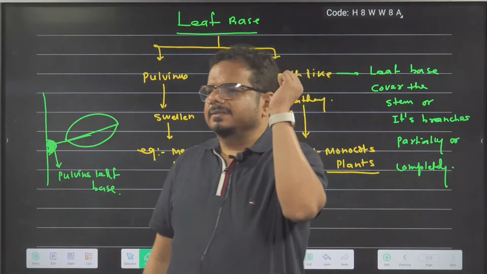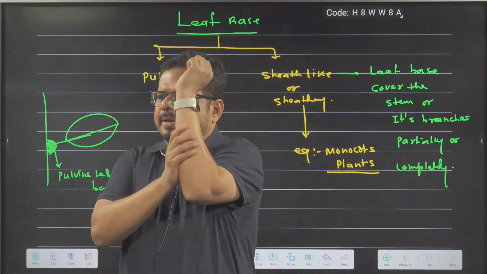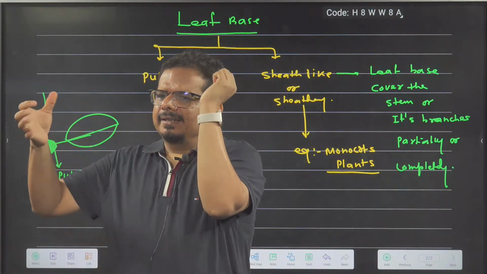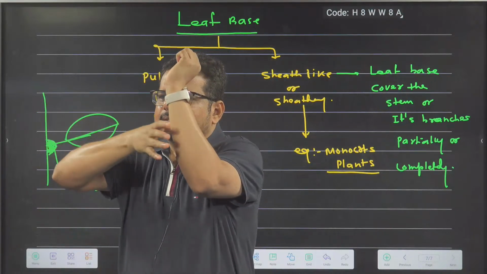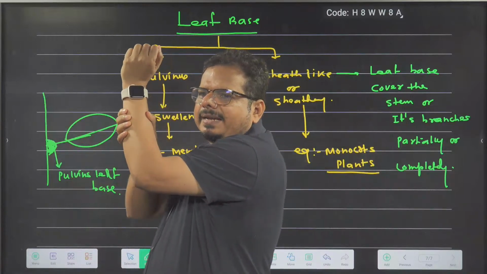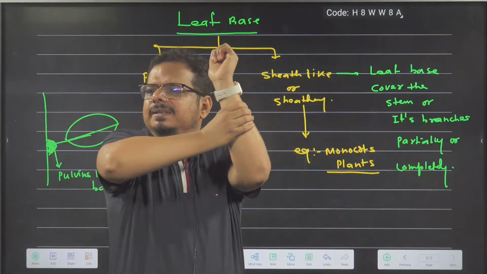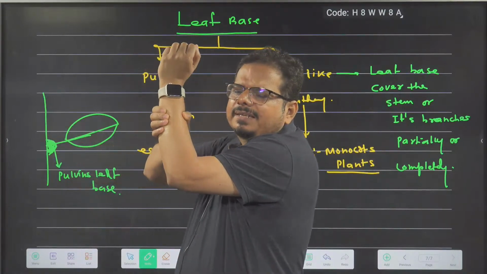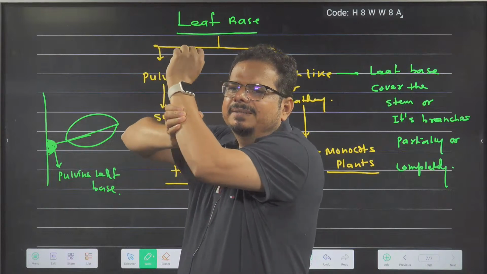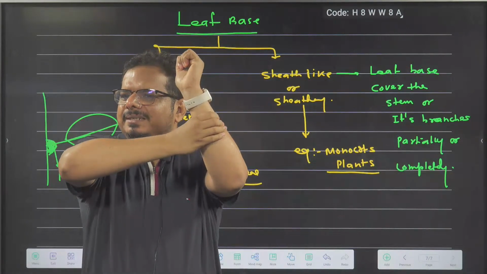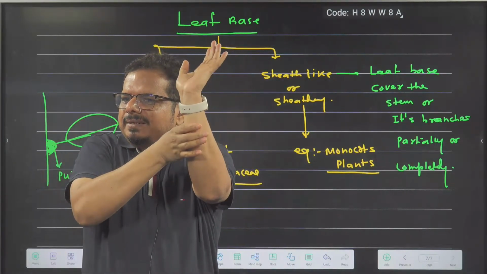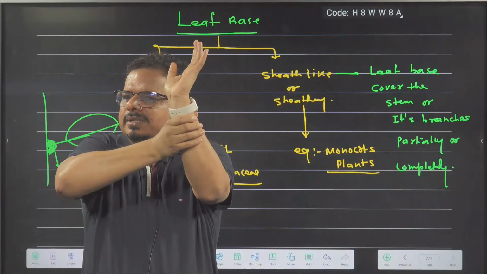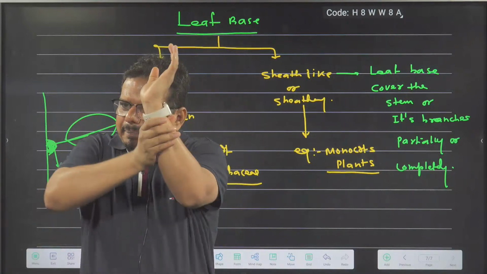Got the idea? So look here, this is a stem and this is the leaf base. Now how is the leaf base coming? Attaching to the stem like this, look. So right now is it covering the stem totally or partially, tell me. The leaf base comes like this and holds the stem like this. So here it is partial covering.